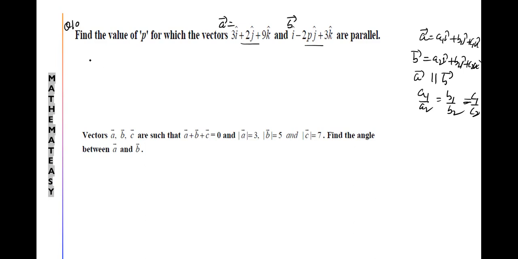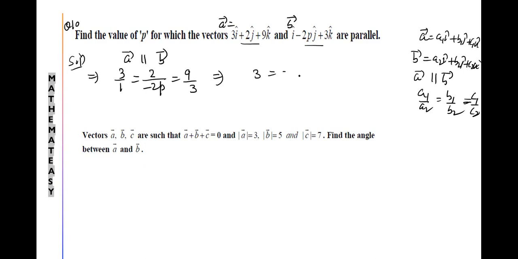A parallel to B implies 3 by 1 equals 2 by minus 2p equals 9 by 3. This implies 3 equals minus 1 by p, or p equals minus 1 by 3.